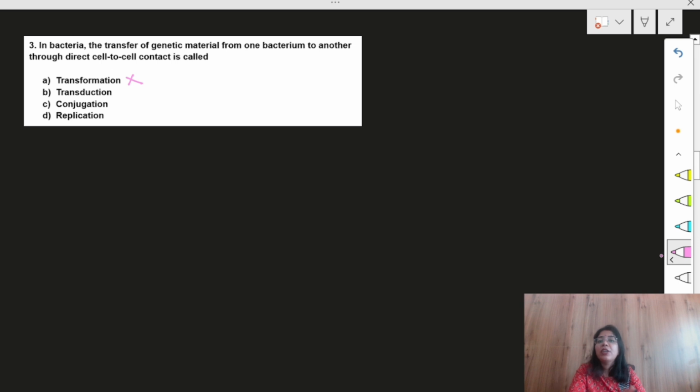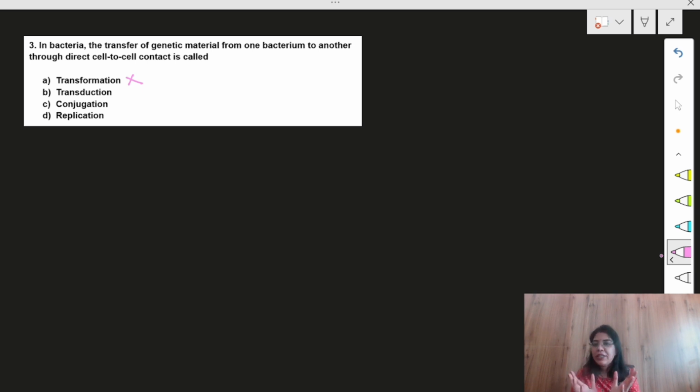What about transduction? Transduction is the transfer of DNA between two bacterial cells with the help of an intermediate, like a vector, like a mediator molecule. Two bacterial cells are there. A bacteriophage makes its DNA enter inside the bacterial cell, and while making new viral particles, by mistake some part of the bacterial genome also enters the viral particle.